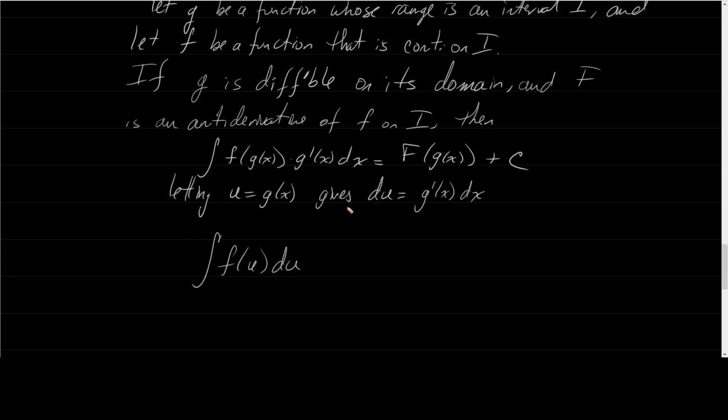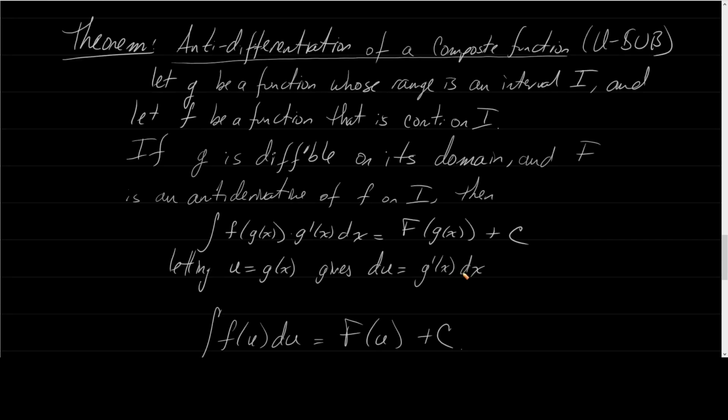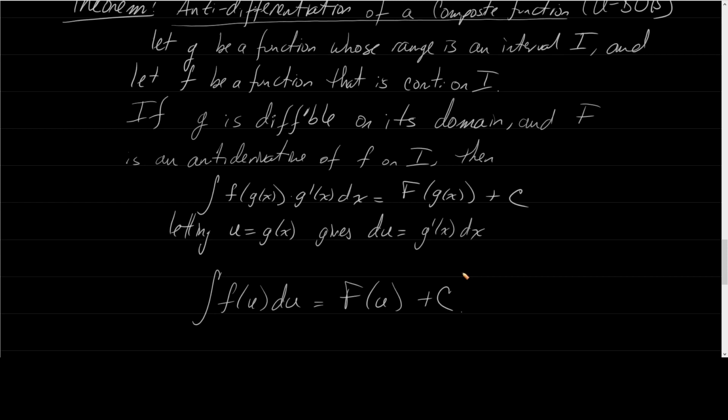U was g of x, g prime of x dx is du. So f of u du is equal to capital F of u plus c. All right. So that's what we end up with there. That is the theorem. And again, that's essentially just saying how U-substitution in general works and when it works.